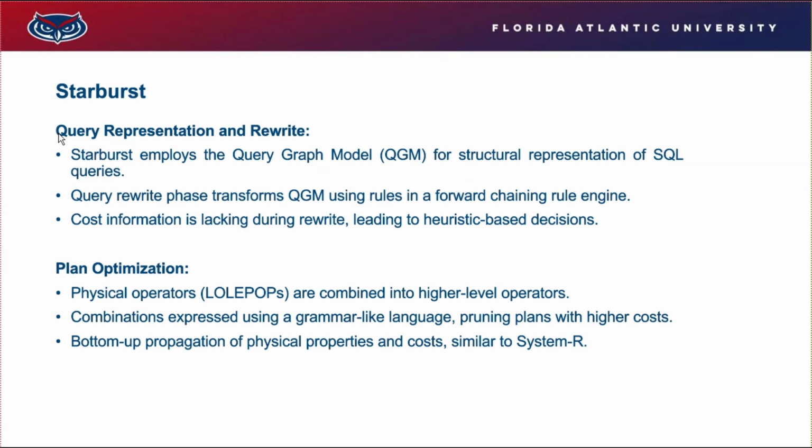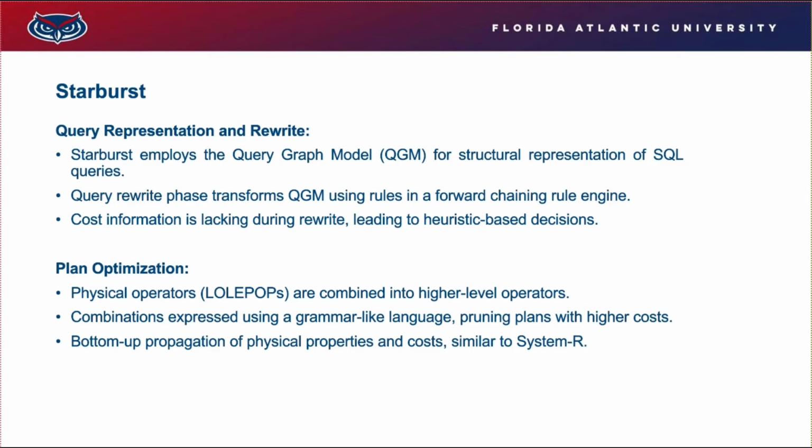Starburst employs a query graph model for structural representation of SQL queries. The query rewrite phase transforms the query graph model using rules in a forward chaining rule engine. Cost information is lacking during rewrite, leading to heuristic based decisions.